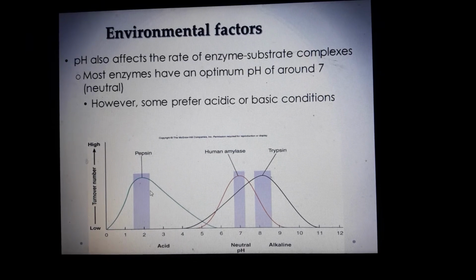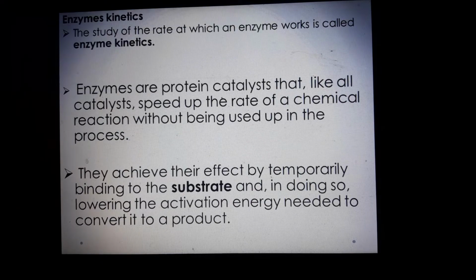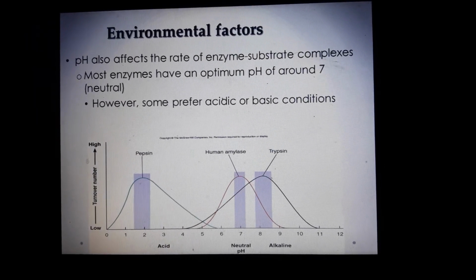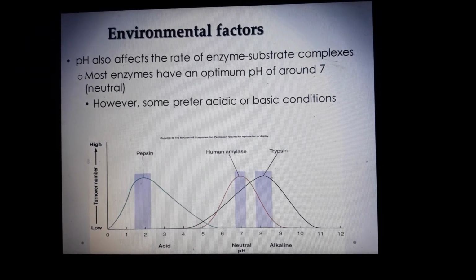Trypsin is alkaline, and human amylase is neutral to alkaline. It depends upon the environment where the enzyme is present. The different enzymes present in the intestine are already alkaline.